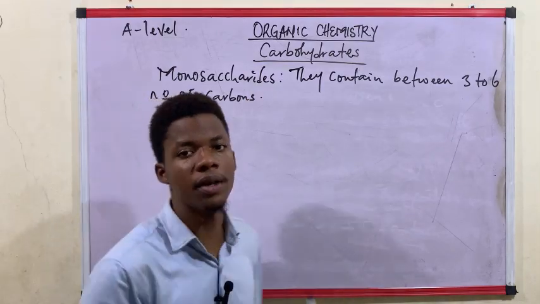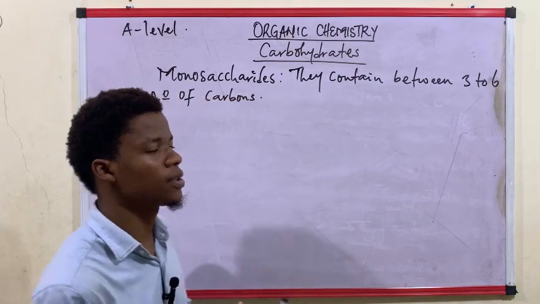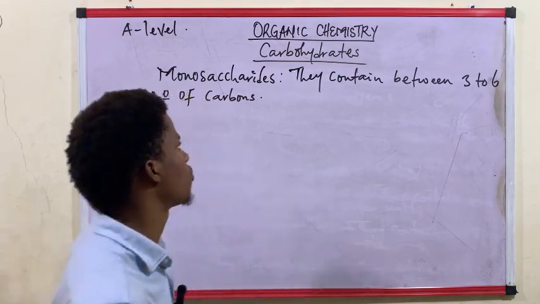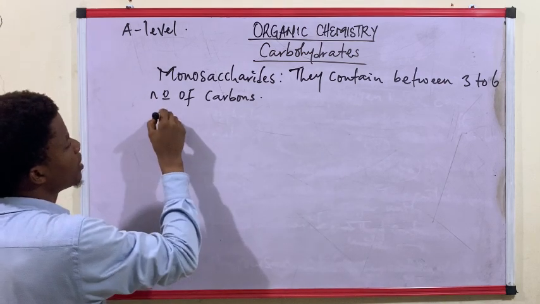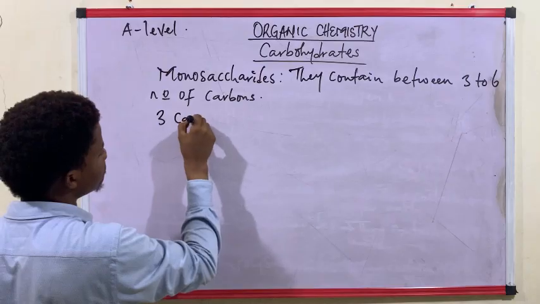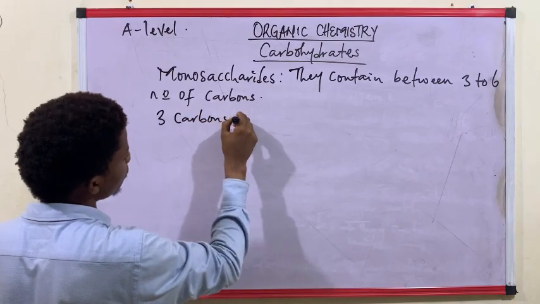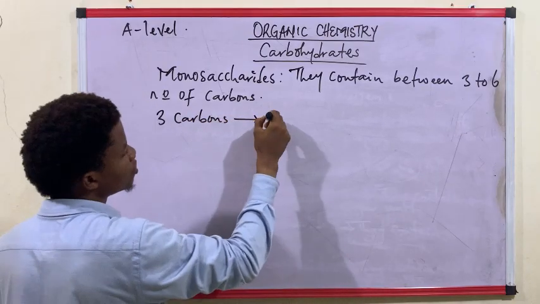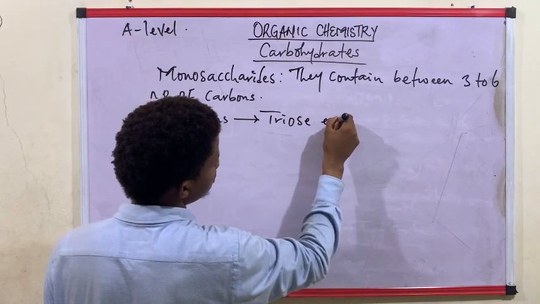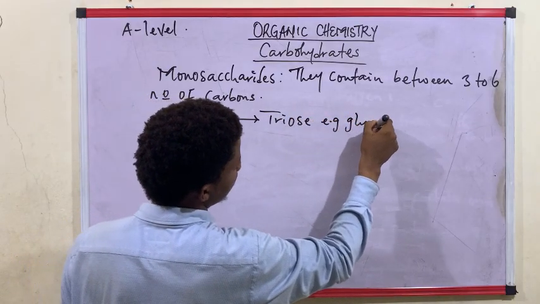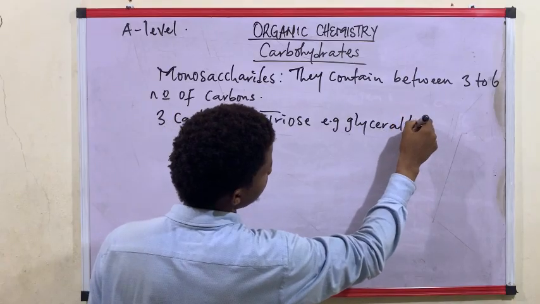So it's from 3 to 6. Monosaccharides with 3 carbons are known as triose, for example glyceraldehyde.